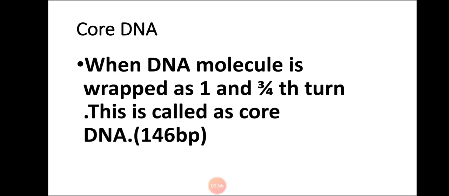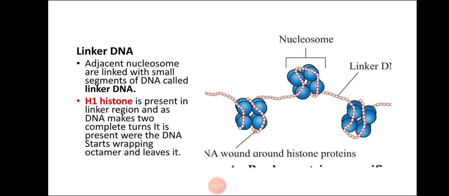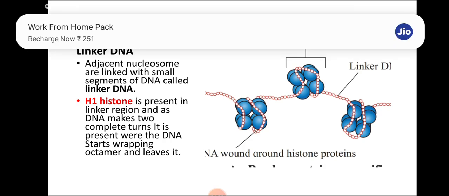Next, when this DNA molecule is wrapped 1 3/4 turn, that is called core DNA, and core DNA has 146 base pairs. You can see in this diagram, 2 nucleosomes are attached to each other. The adjacent nucleosomes are attached with the help of a small segment of DNA, and this small segment of DNA is called linker DNA.